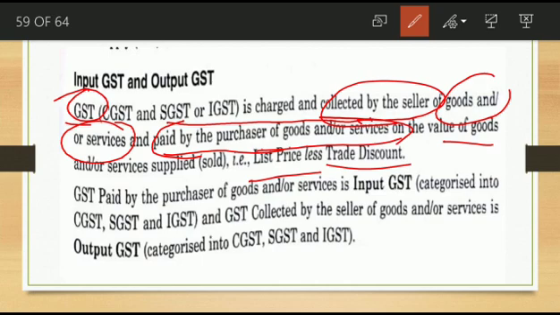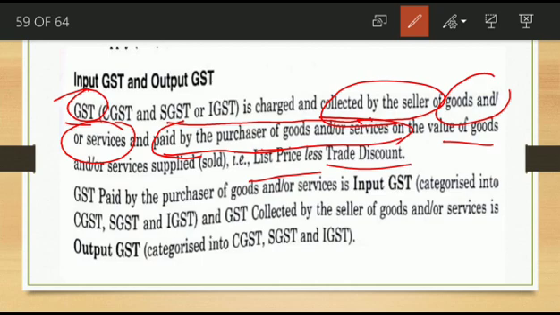Then you agreed the value of the goods is 900 rupees, isn't it? So actually the tag price is 1000, then the seller agreed to a 100 rupee discount. That discount is called a trade discount. After deducting this trade discount, the price is 900. That is called the value of goods.